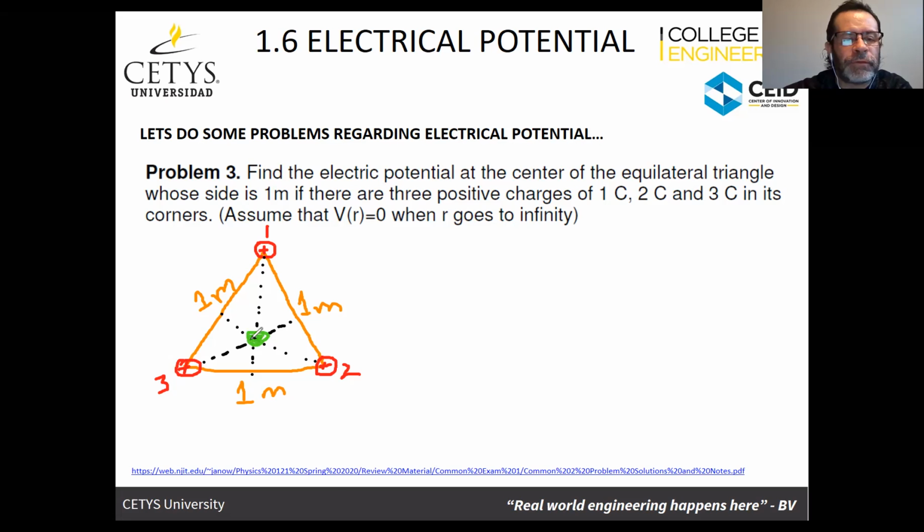We want to find the electrical potential at this point that I'm going to call A. Since all of the charges are positive, VA is literally going to be the sum of V1 plus V2 plus V3.